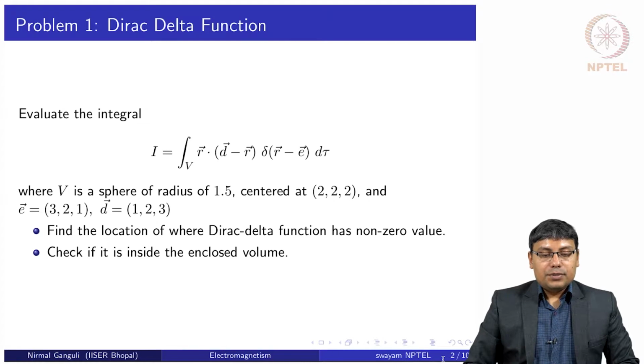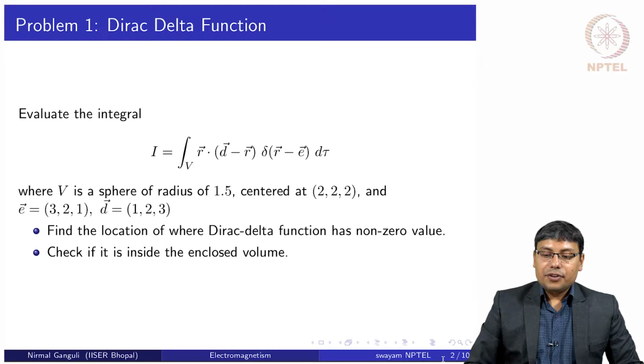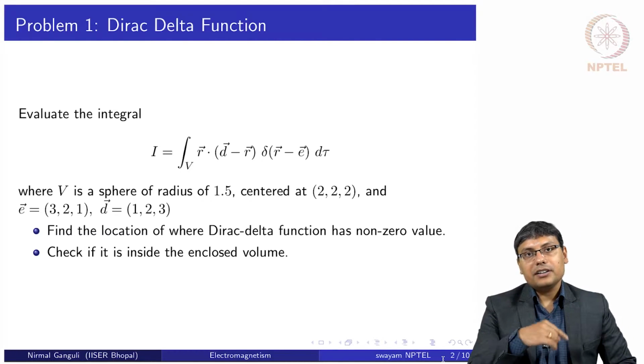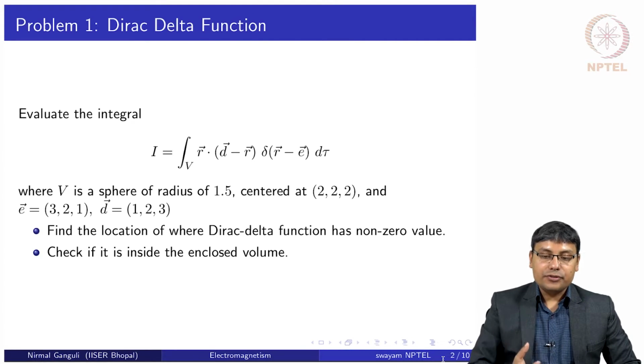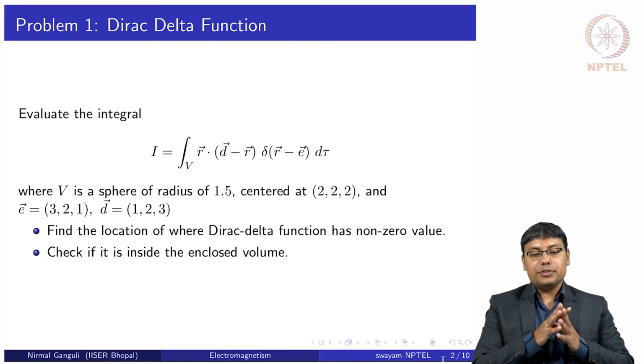Okay, so the steps that you need to follow in order to find this integral is to find the location where the Dirac delta function has non-zero value, that means the argument of the Dirac delta function goes to 0, and check if that point is enclosed within the given volume here.